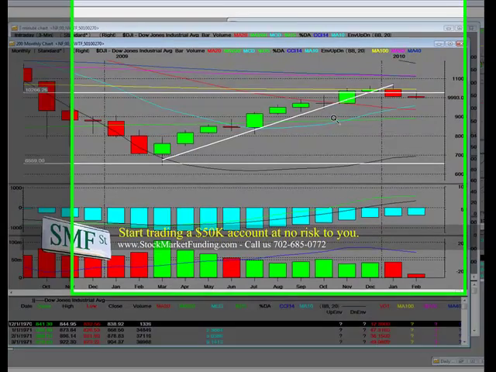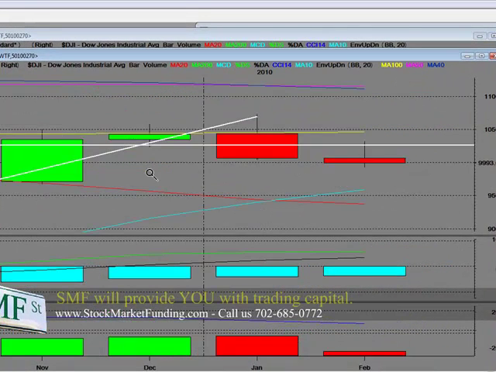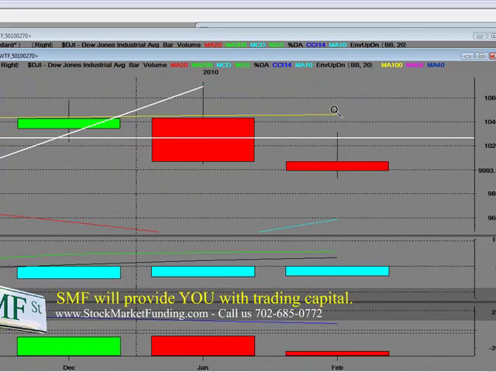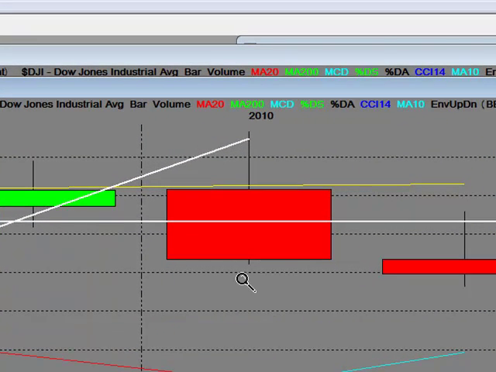And I'm going to blow just this part of it up here. So, here's the big down move in January. Half of that monthly bar is resistance. This bear market reversal will not change its directional trend until you close above half of that down move.